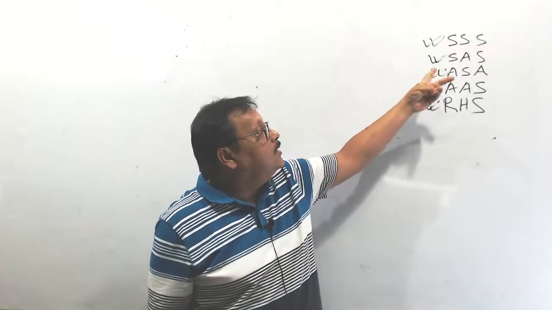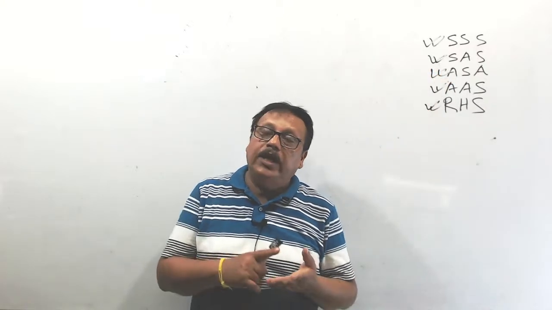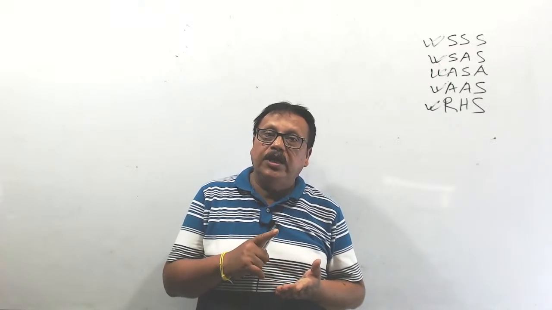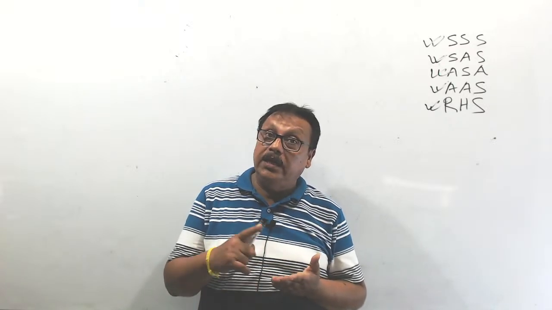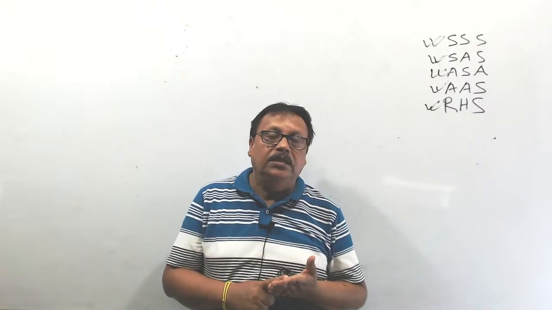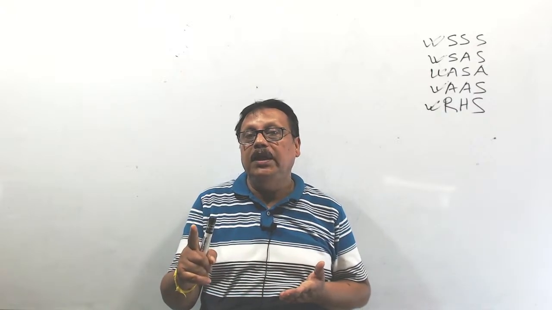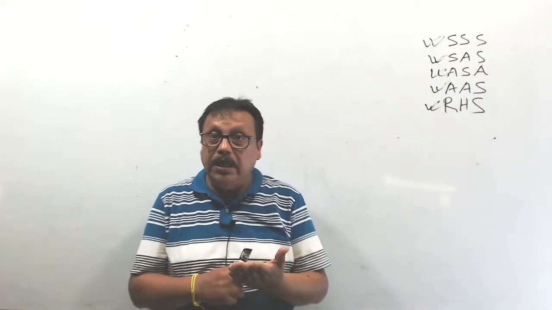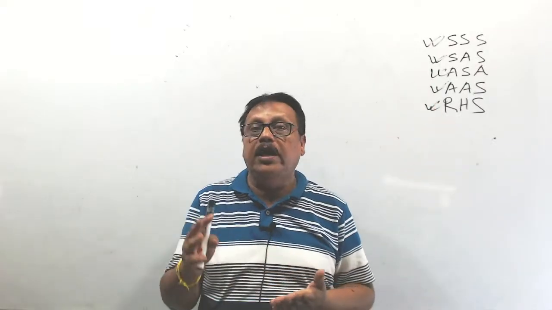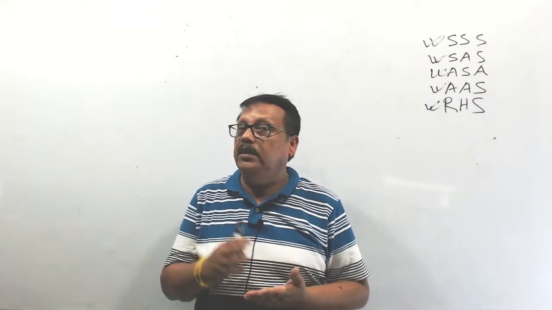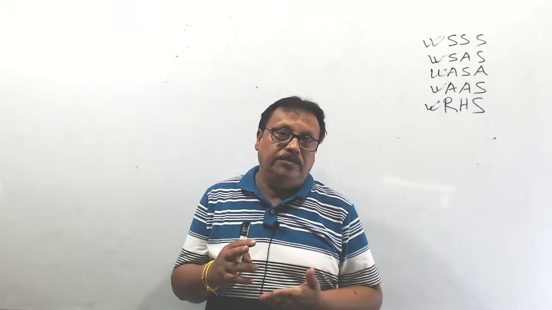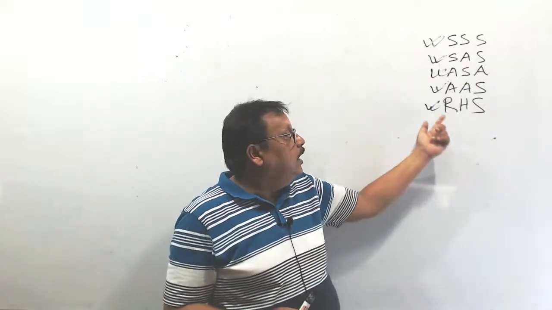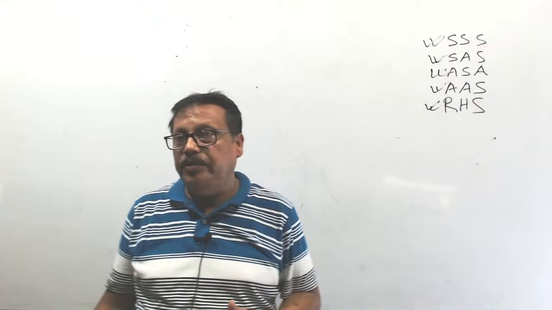Second one, SAS: if by the given conditions corresponding sides, angle and side of 2 triangles are equal, then the triangles will be congruent. Number 3, ASA: corresponding angle, side, angle of 2 triangles are equal, then the triangles will be congruent. AAS similarly, and RHS by right angle, hypotenuse, side.